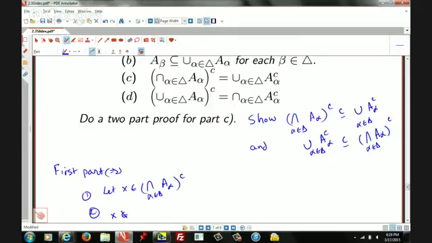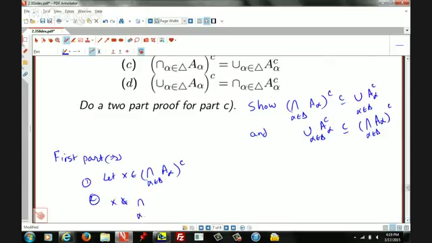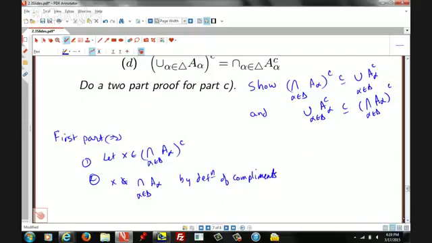X is not in the intersection, right? Just apply the definition of complements. But then, where does that tell you x has to live?